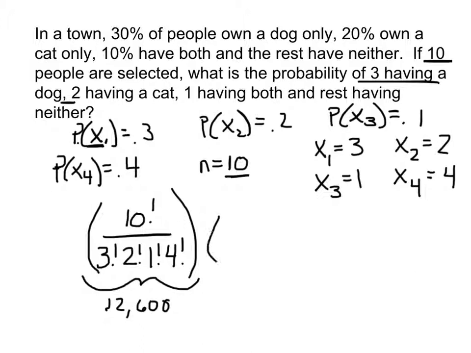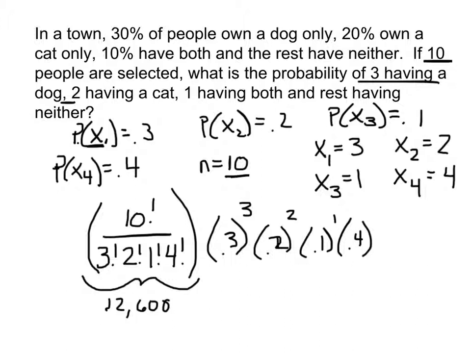And then you're going to multiply that by the probability of x1 occurring to the number of x1's I expect, the probability of x2 occurring, having a cat, and the number of people with cats, and I file it right down the list. And now very carefully I put this all in my calculator, and if you do it right, that's the answer that you'll get.